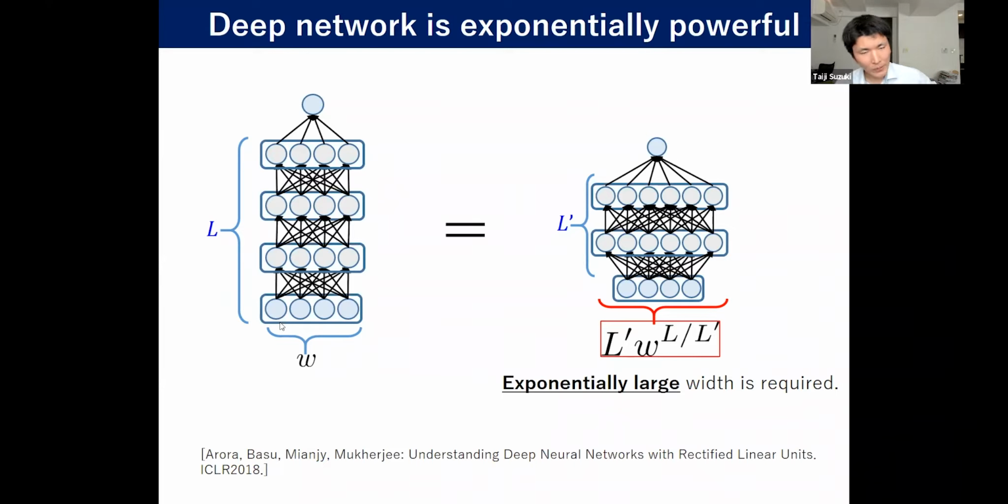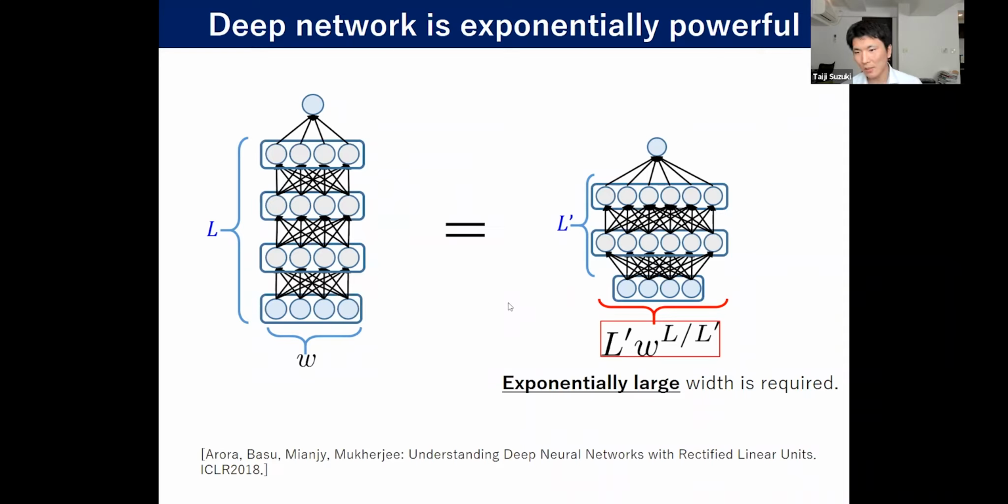For example, if the width of the original network is 10, then this could be 10 to the power of 10, which is tremendously large. So anyway, there appears an exponentially large width. To approximate the target neural network by shallow neural networks, it requires exponentially large widths.